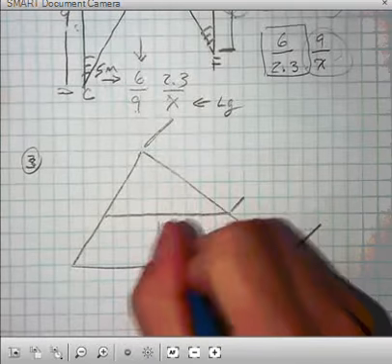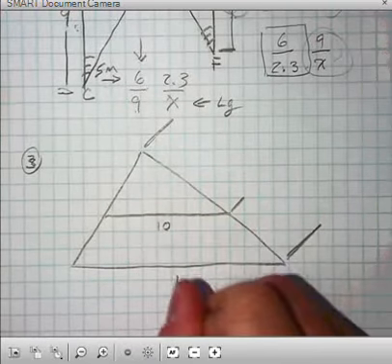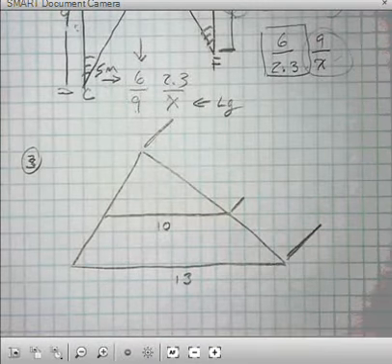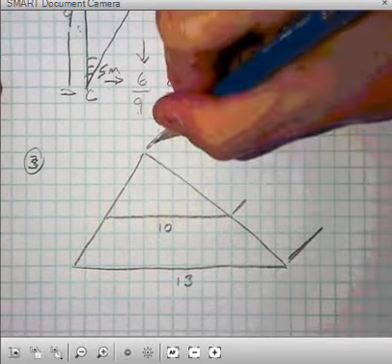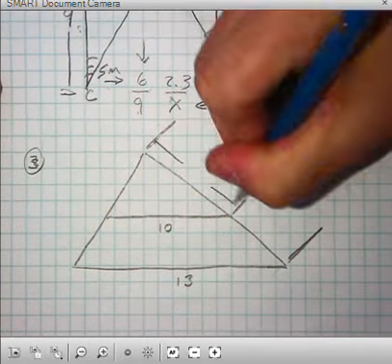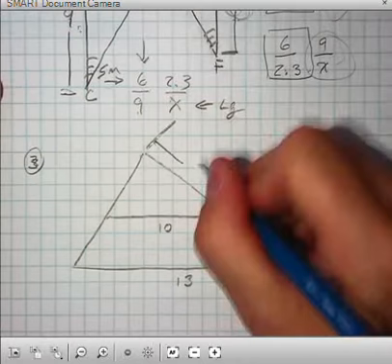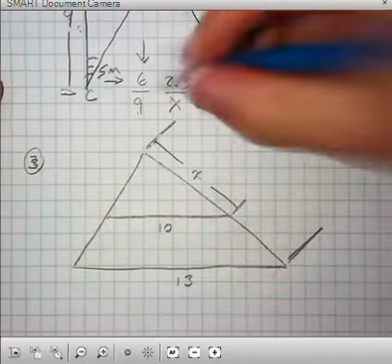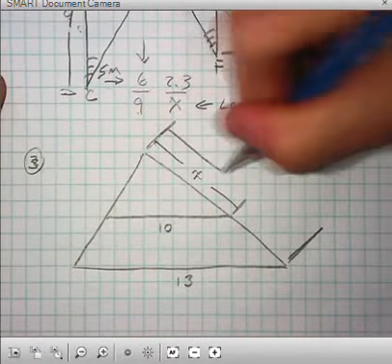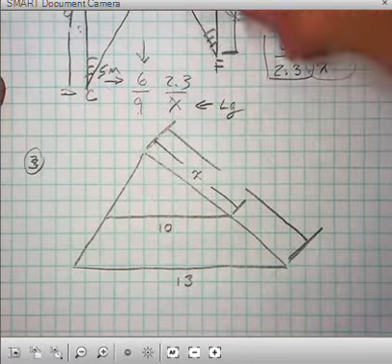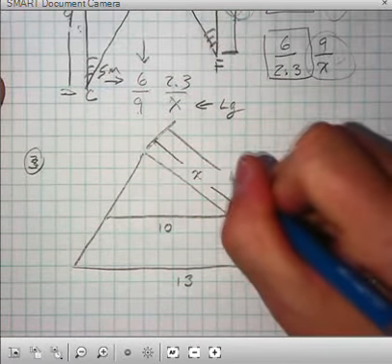Let's say that this length right here is 10, this length right here is 13. This length right here, let's make that our unknown length. And then this length from here all the way to here, let's make that 15.